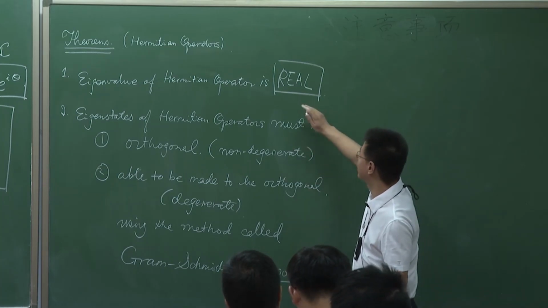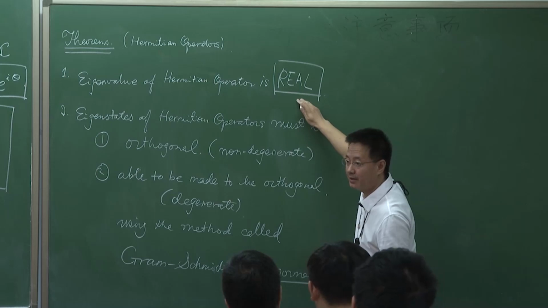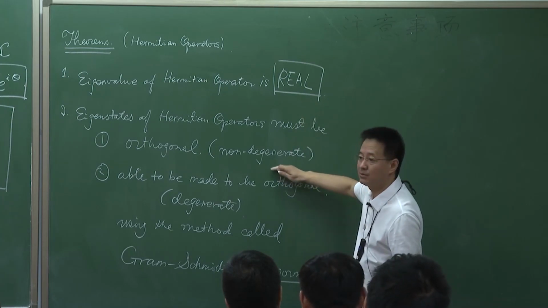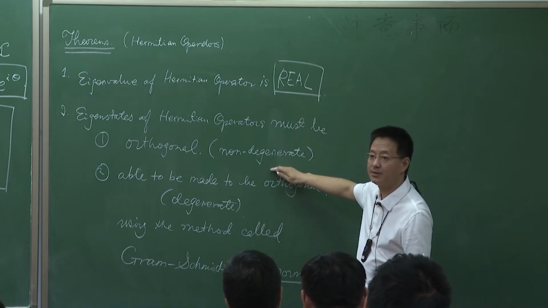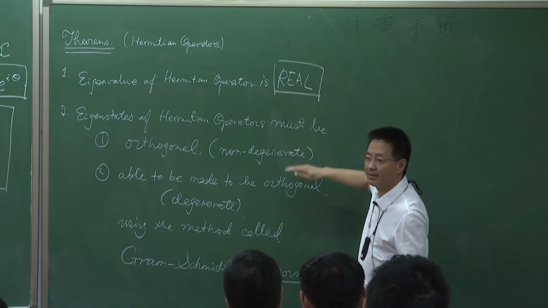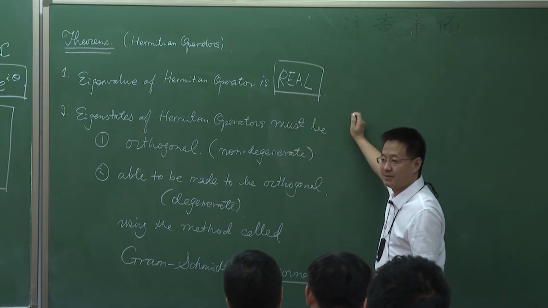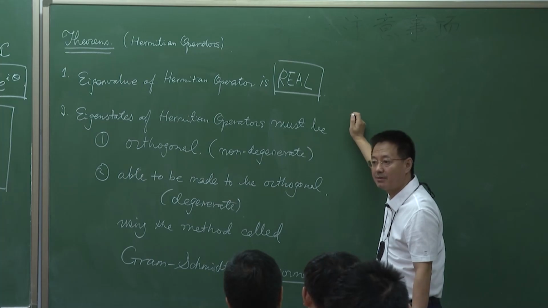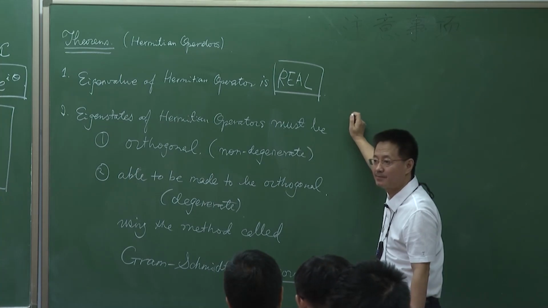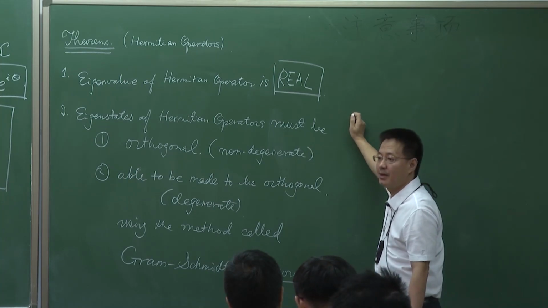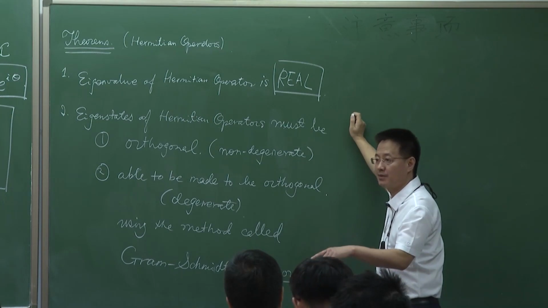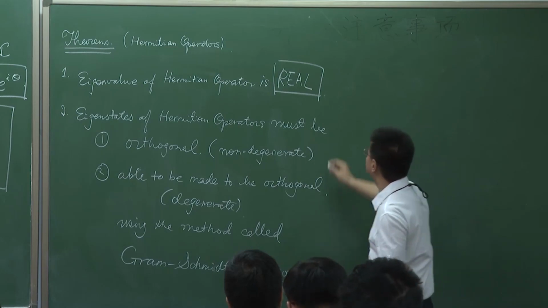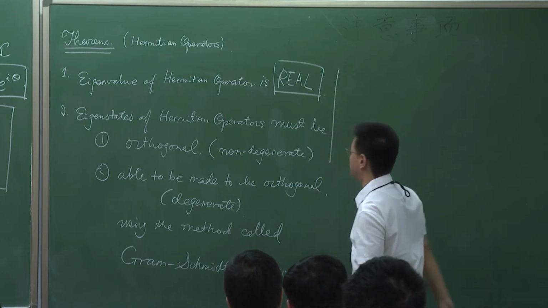Actually, these two things, real eigenvalues and orthogonal eigenstates for the non-degenerate case, can both be proved together at the same time. It's very, very easy. And I have given you the proof in the lecture notes. So I think you can do that yourself. This is homework.